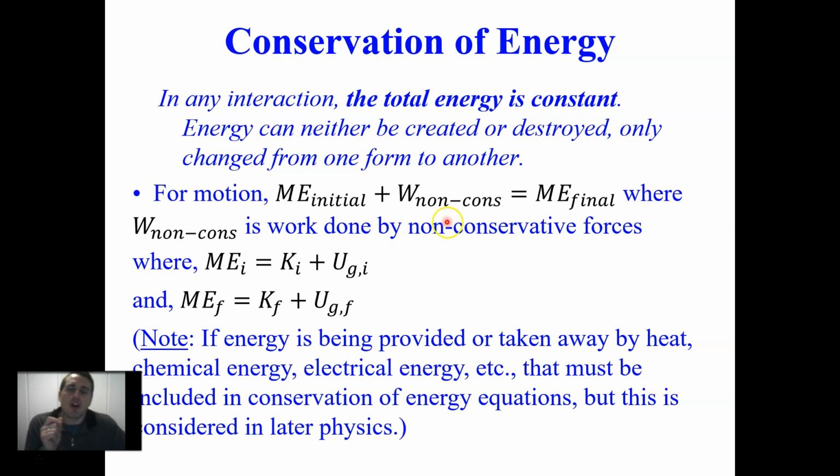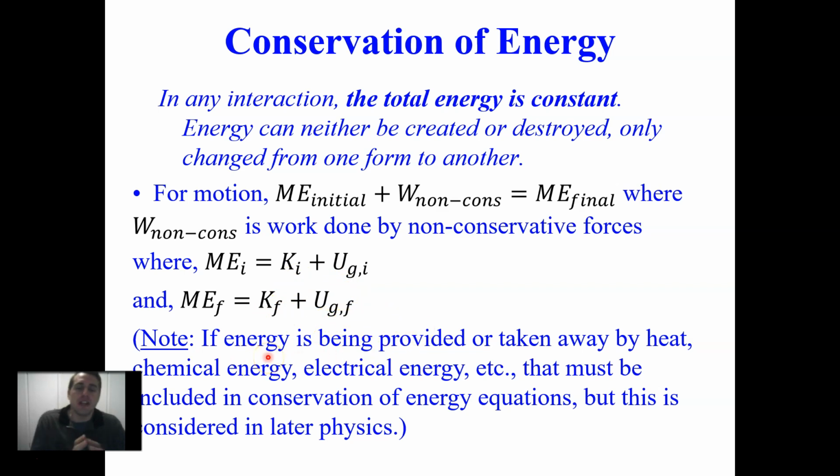But if there are non-conservative forces, then they will do non-conservative work, and non-conservative work will either add or take away mechanical energy. Remember, mechanical energy is the sum of kinetic plus potential, and initial and final are the subscripts that go along with here.